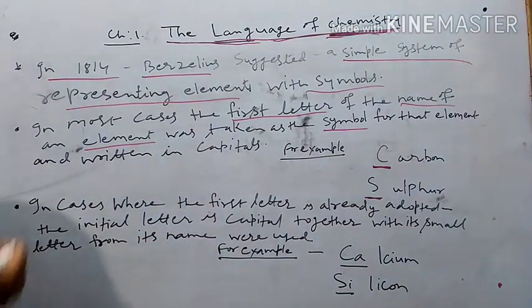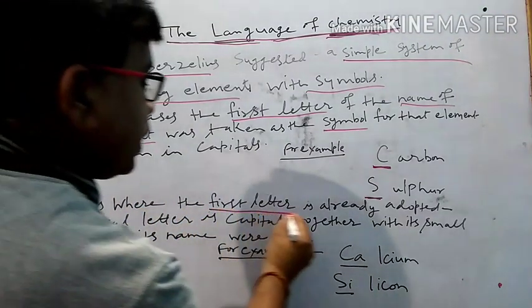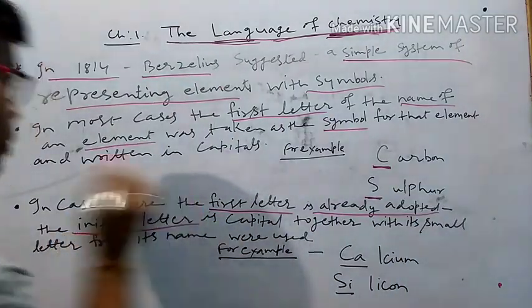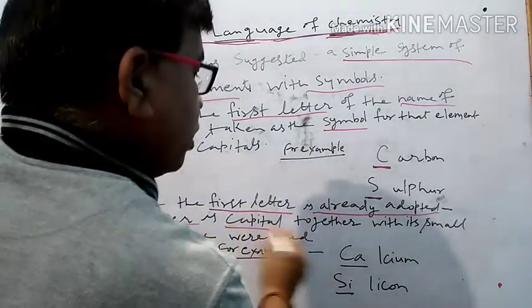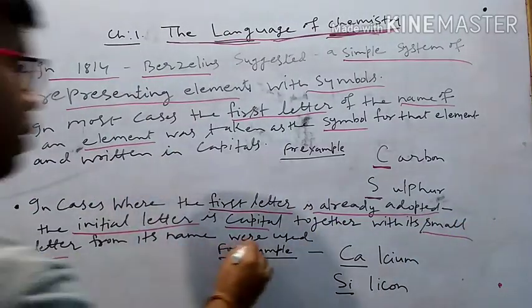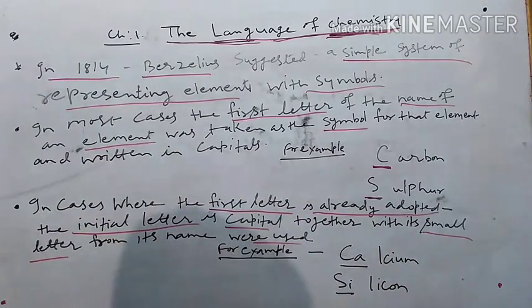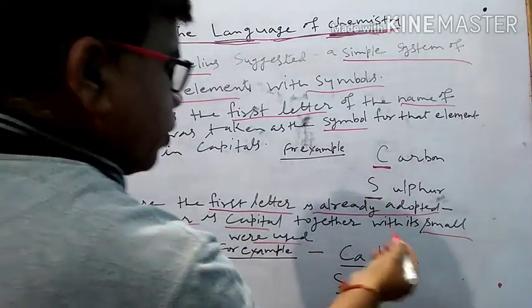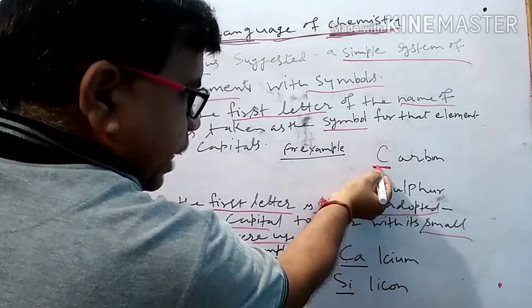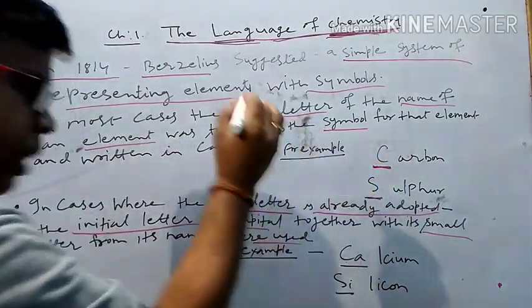But in cases where the first letter is already adopted, the initial letter in capital together with a small letter from its name was used. For example, calcium. Here the first letter is C, but for carbon the first letter C is already adopted.